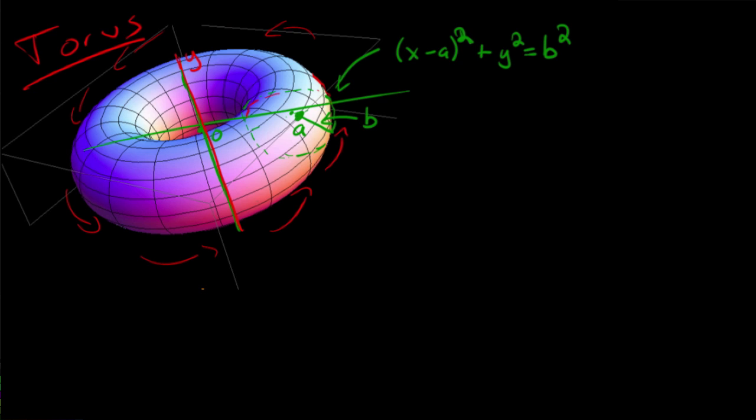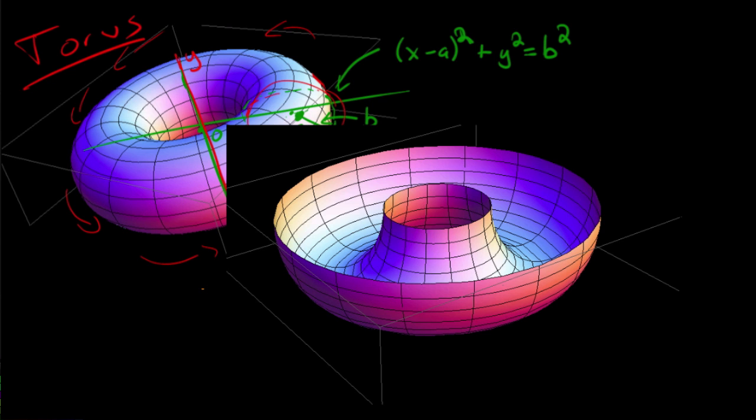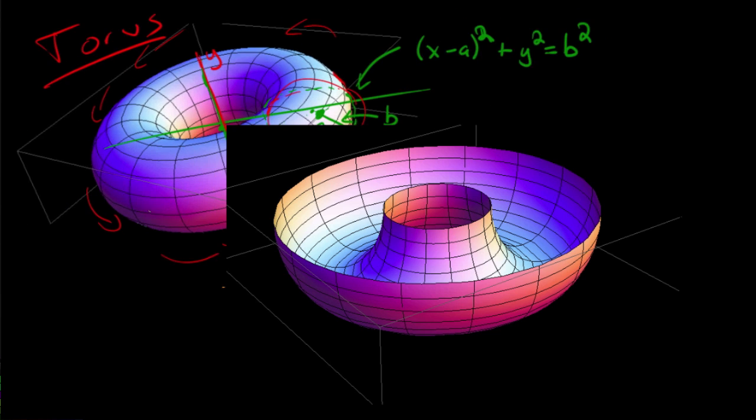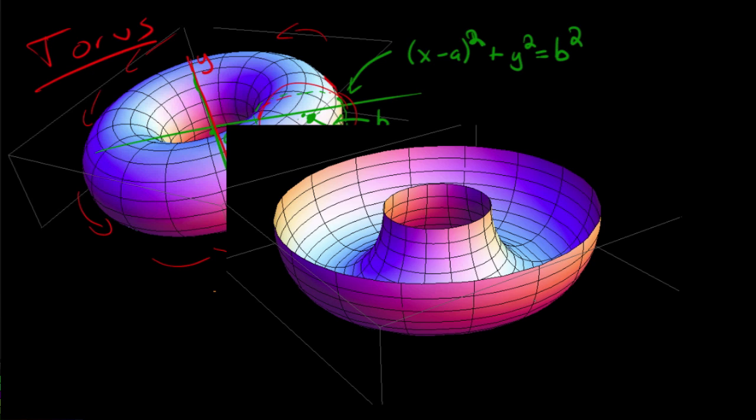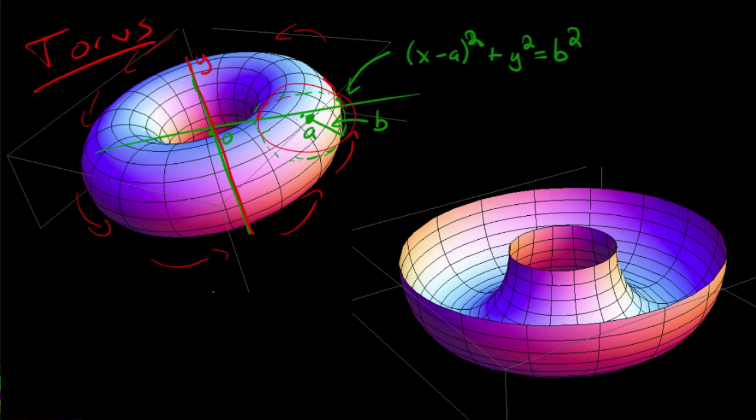Interestingly enough, we're going to use this circle here, but not in the way that you're thinking. Let me show you it sliced. Here we've got a half torus, and the circle right here, let me outline it.